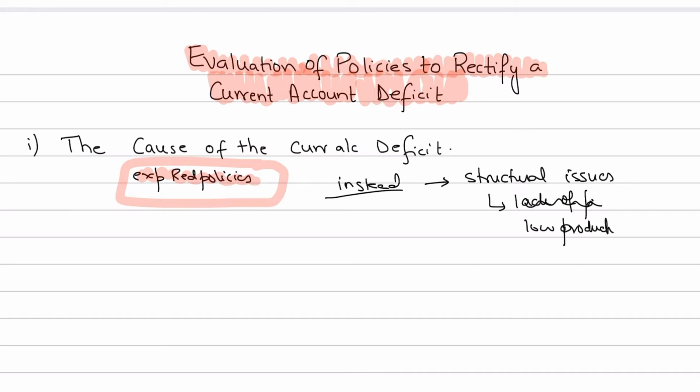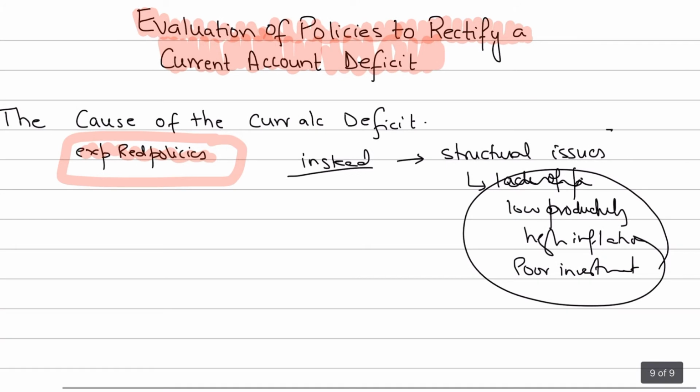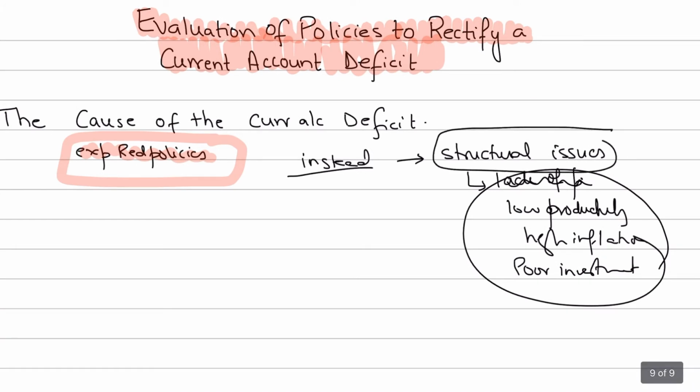You can say there's high inflation, or you can say that there are poor investments. Now these are long-term structural issues. If you don't solve these issues, your exports will always remain uncompetitive, and then your current account will be in deficit, or the deficit will worsen, right? So if the deficit is caused by structural issues, then expenditure reducing policies will not work, right?